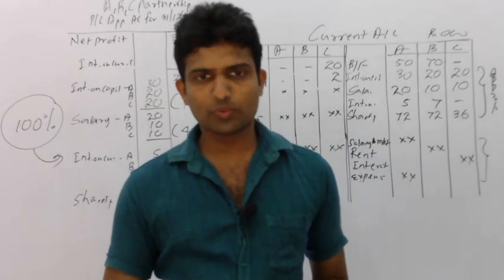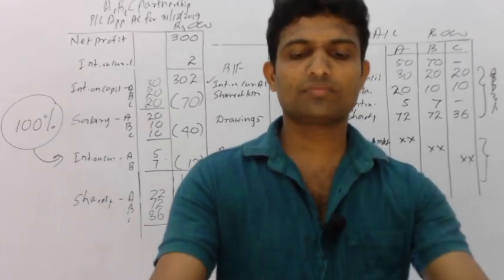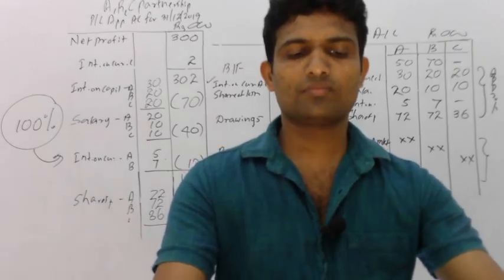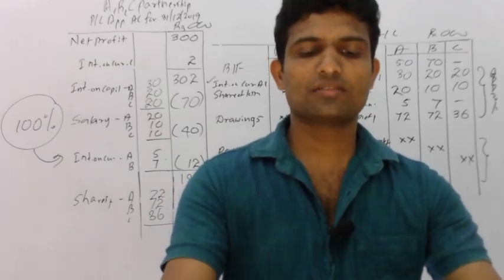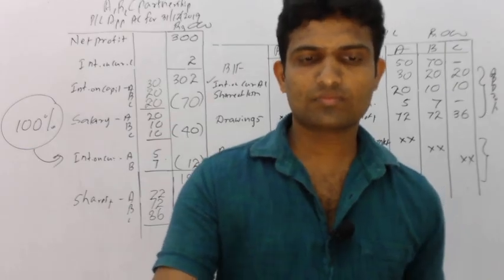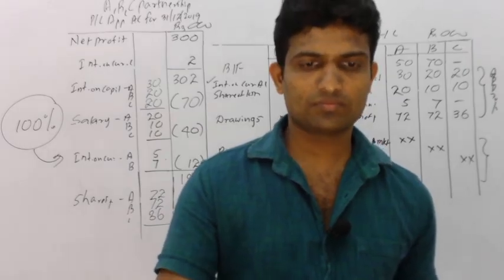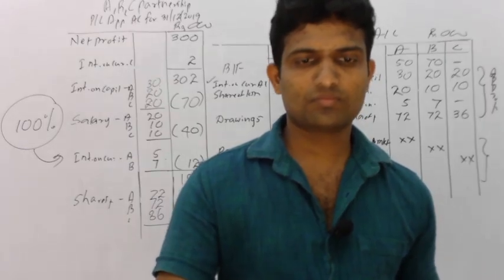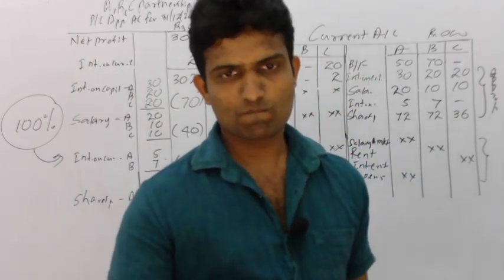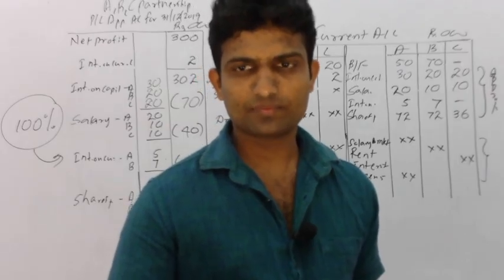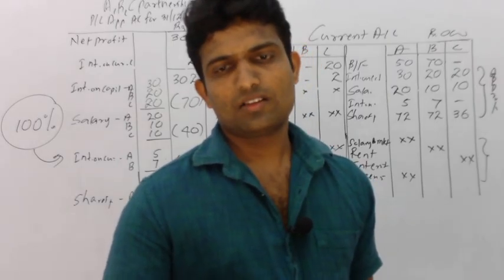When you reimburse something to partners, your journal entry should be current account debit, cash account credit. Is that right? Okay.